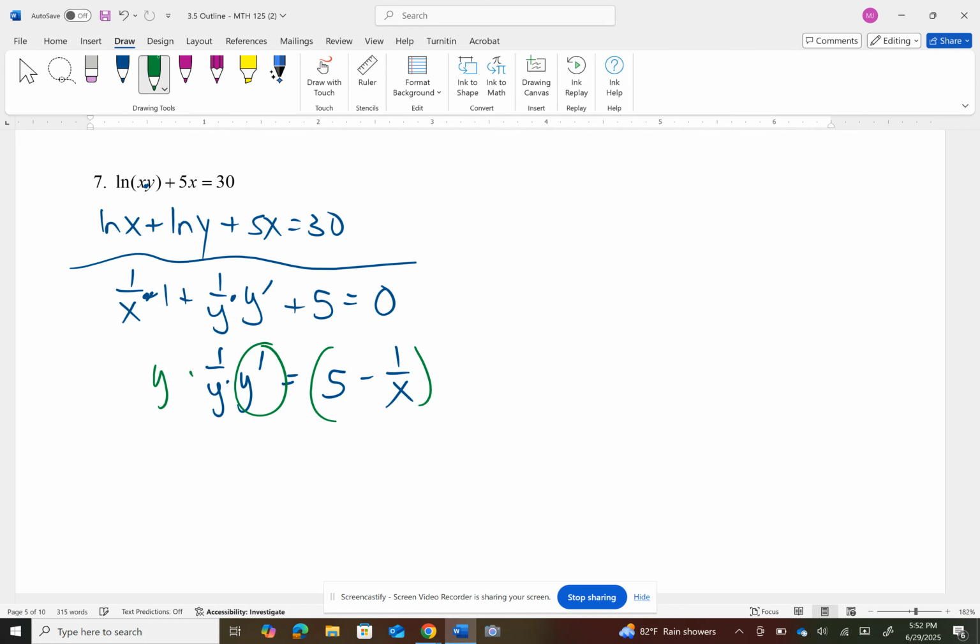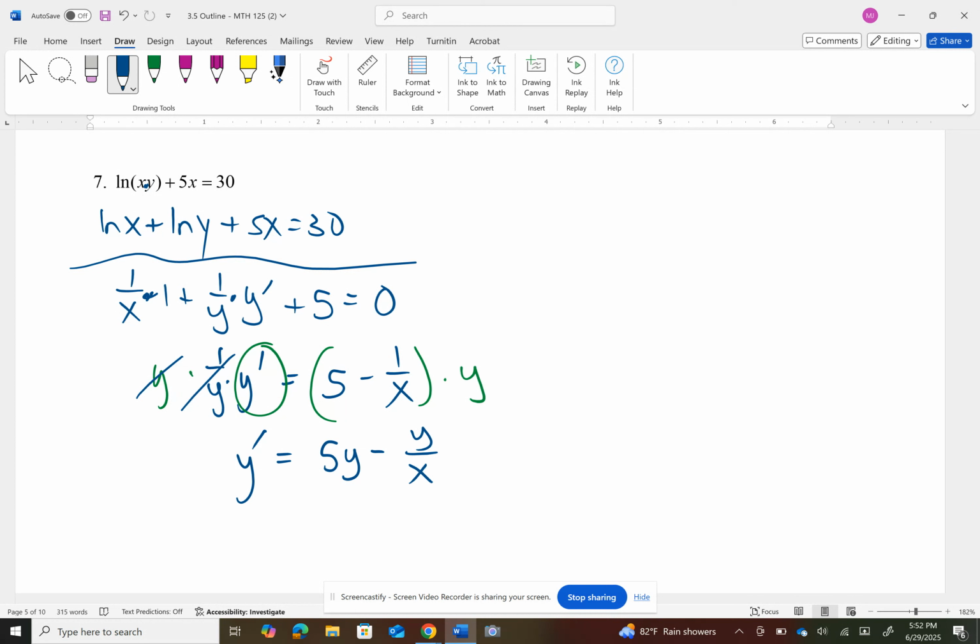But if I do, I have to do that on both sides. Okay, so that cancels out and leaves me y prime like I want. And then here I just have 5y minus a y over x.